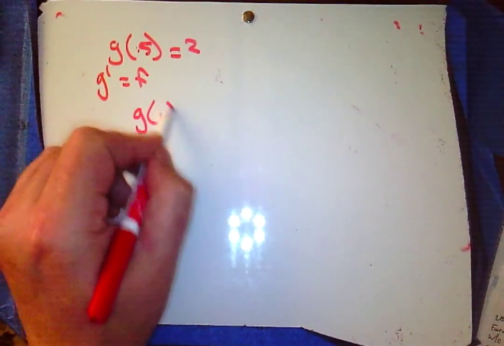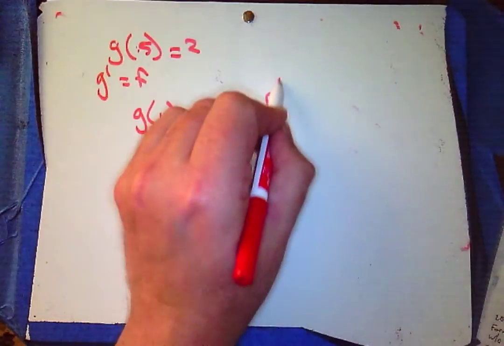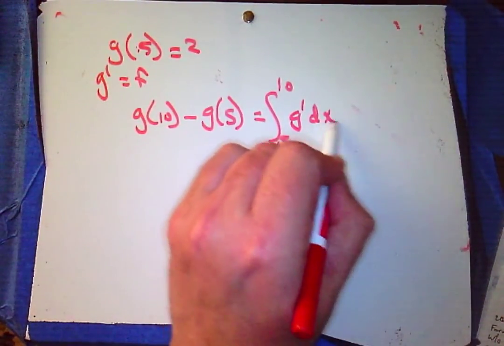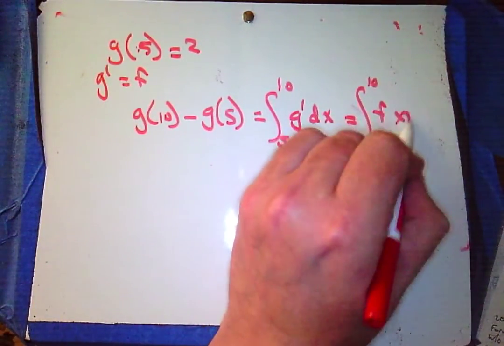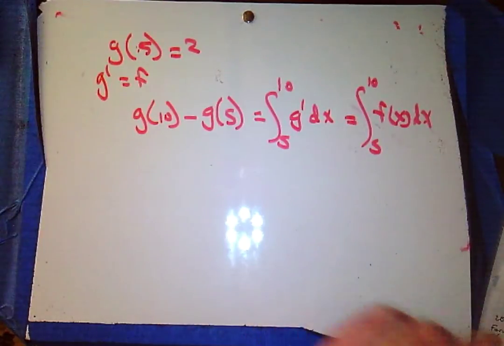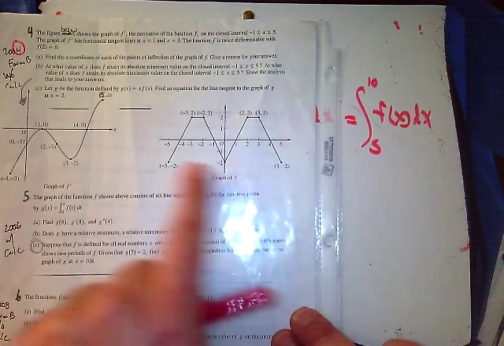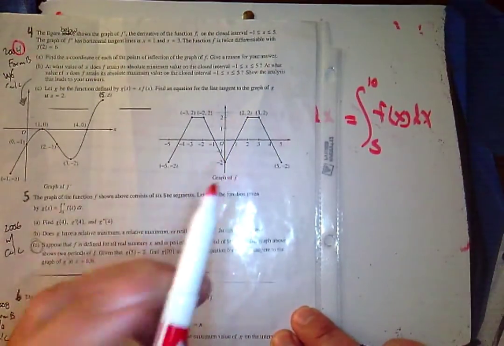So g of 10 minus g of 5 equals the integral from 5 to 10 of g prime dx, which is the integral from 5 to 10 of f dx. I don't see the graph from 5 to 10 here, but I know the graph from 5 to 10 is just going to be like the graph from negative 5 to 0, or the graph from 0 to 5. So let's find the integral here. Now, be careful.